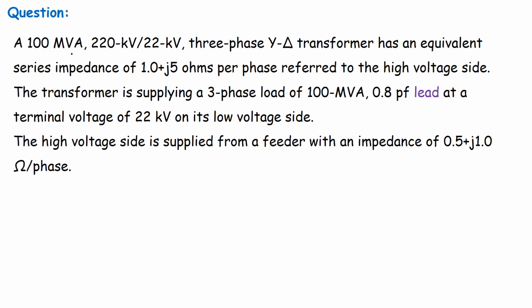There is a 100 MVA, 220 kV by 22 kV, three-phase Y delta transformer, which has an equivalent series impedance of 1 plus J5 ohms per phase, referred to the high voltage side.